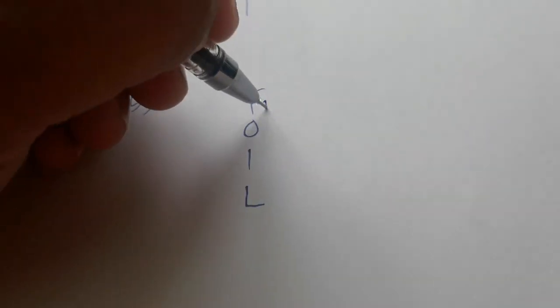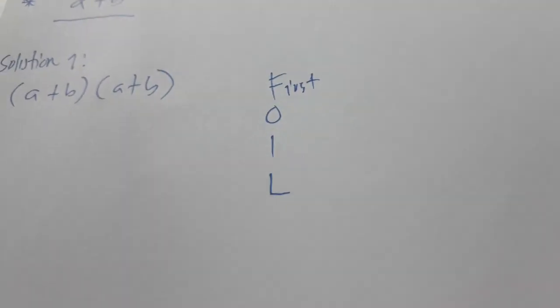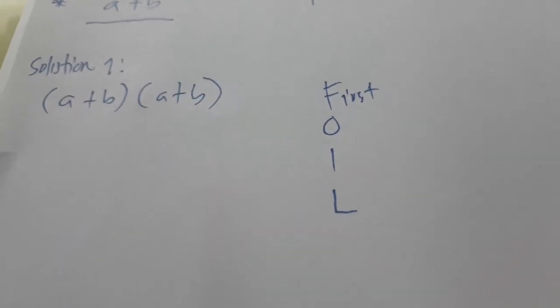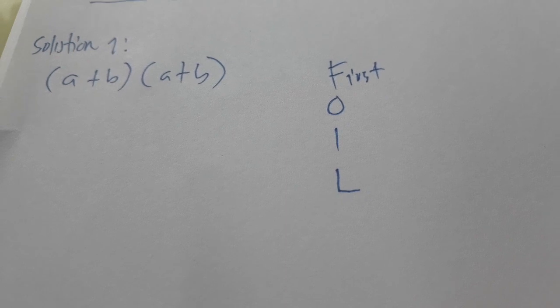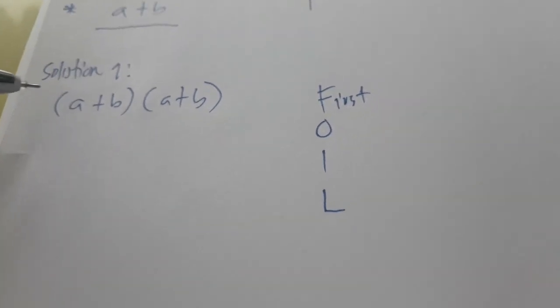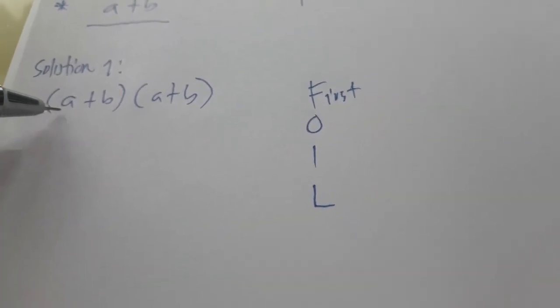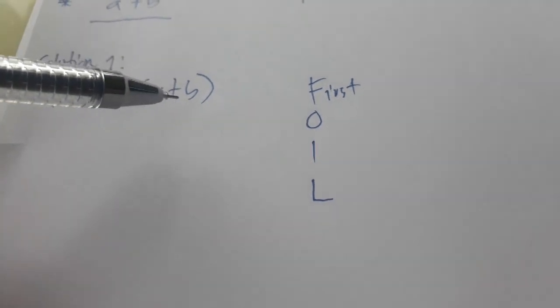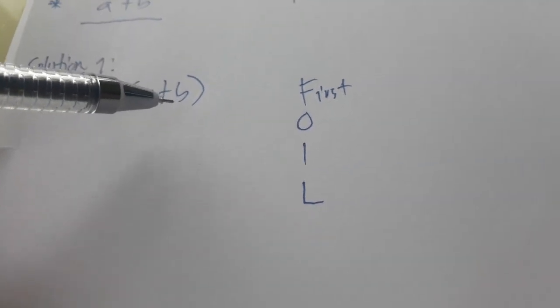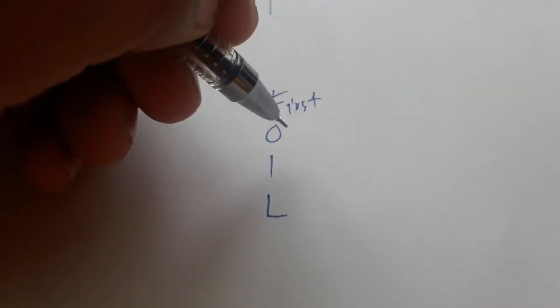So F stands for the first, and O is the outer terms of the binomials. The outer part is this, and the outer of the other binomial is this. So O stands for outer.